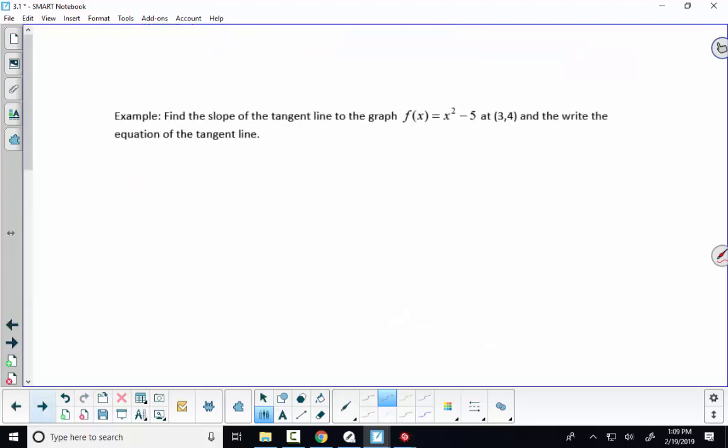So for example, find the slope of the tangent line on the graph of x squared minus 5 at the point 3, 4, and then write the equation of the tangent line. I'm going to abbreviate equation of the tangent line. So the equation of any line, we're looking at it like this.